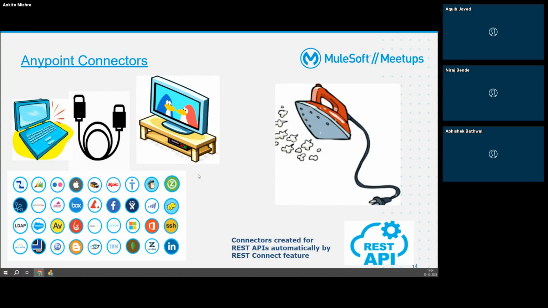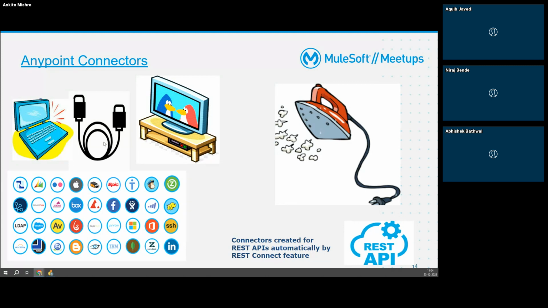However, in Anypoint Platform, we support two kinds of connectors. One kind of connector is like an HDMI cable. Let's say you have to connect your laptop to a monitor or to your TV. What will you do? You will buy an HDMI cable from the market, depending upon the requirement.